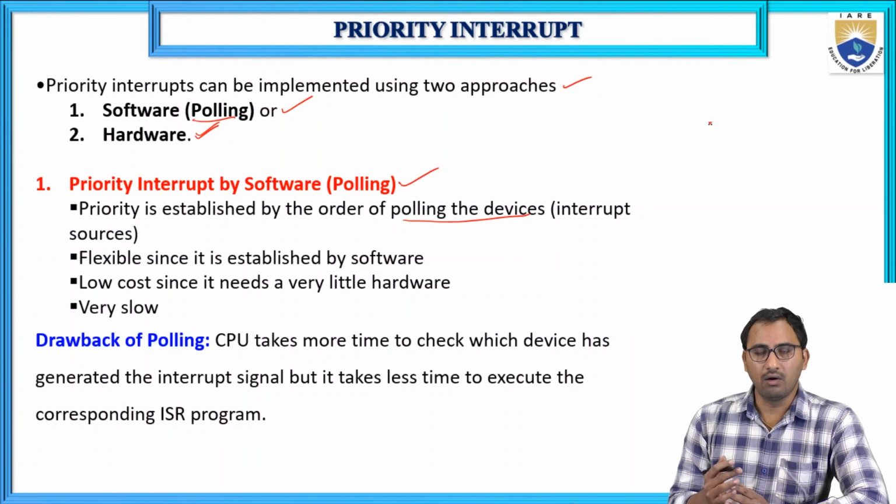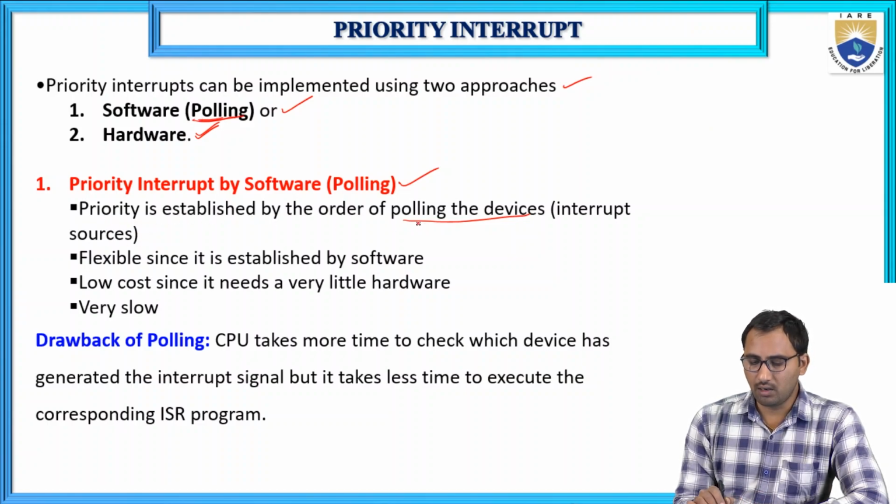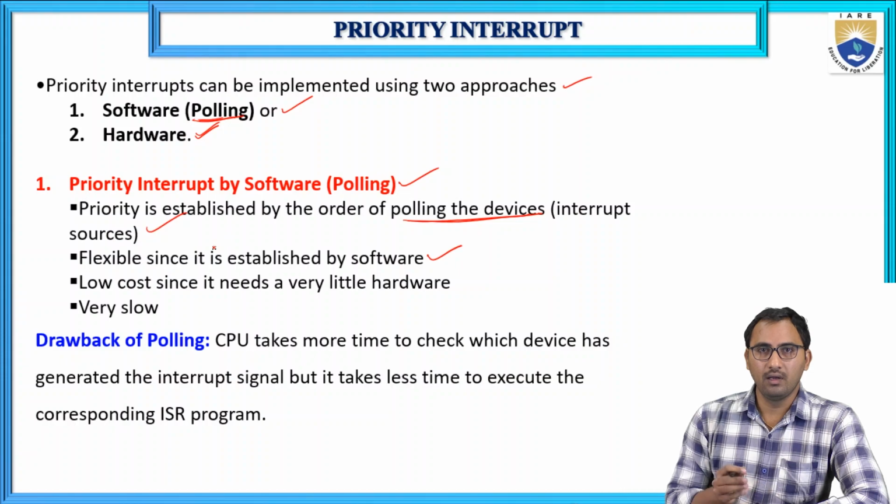Like that, we check all the devices. This process is called polling. So priority is established by the order of polling the devices. And second, it is flexible, since it is established by software. It is flexible because we only need to modify the program.